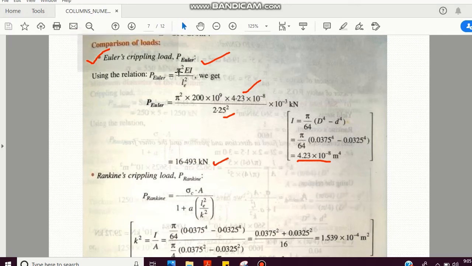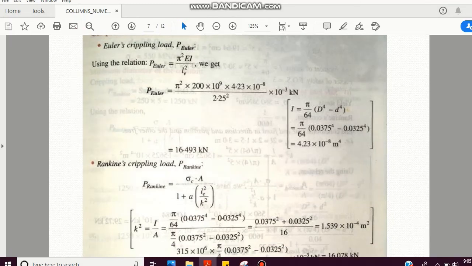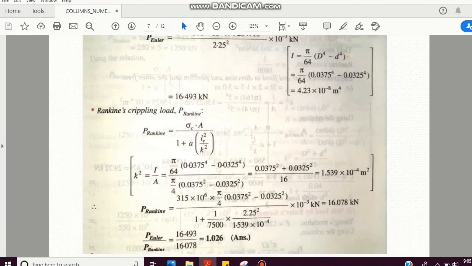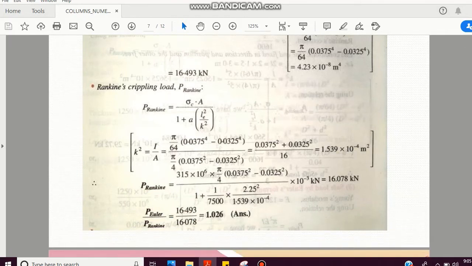So let's see the Rankine crippling load by using Rankine formula. The Rankine formula is sigma c into capital A by 1 plus a L E square by K square. K square is the radius of gyration, that is I by A, moment of inertia by area.